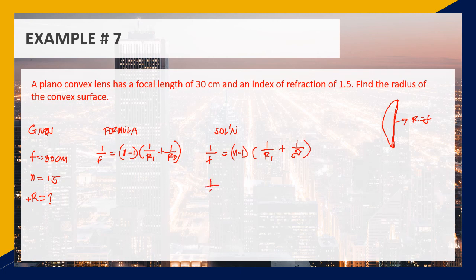So atong substitute 1 over 30 equals 1.5 minus 1, then 1 over r plus 1 over 99999. Depende sa inyo pila ka nine inyong ibutang. Infinite man ta. Okay? Then i-shift solve ninyo, makuha ninyo r is equal to 15 centimeters.